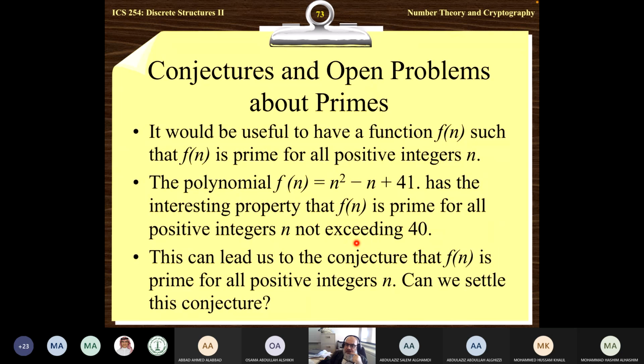Now, if you don't believe me that it works for all n not exceeding 40, when you go home, try it. f of 1, f of 2, f of 3, f of 4, f of 5, f of 6, f of 7, try it and make sure that every such number is a prime number. So now my question to you is: is this a conjecture, or can we prove that it is correct or incorrect?